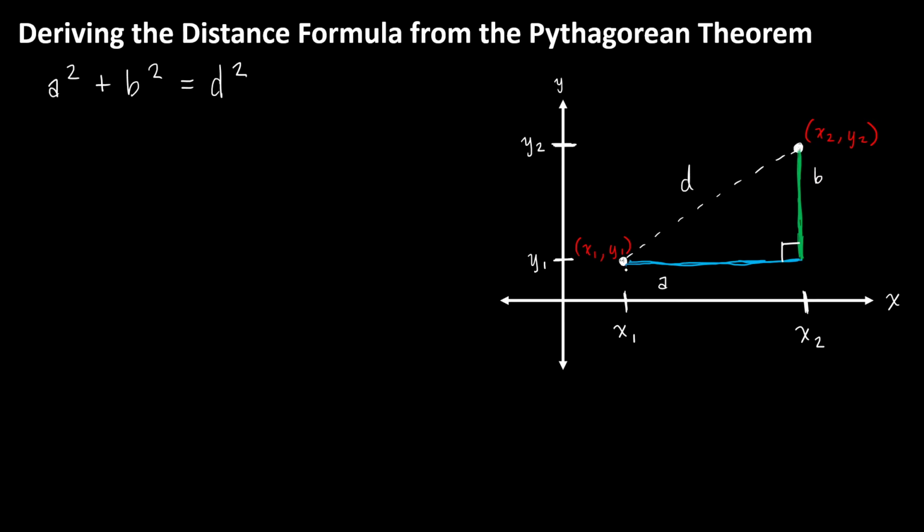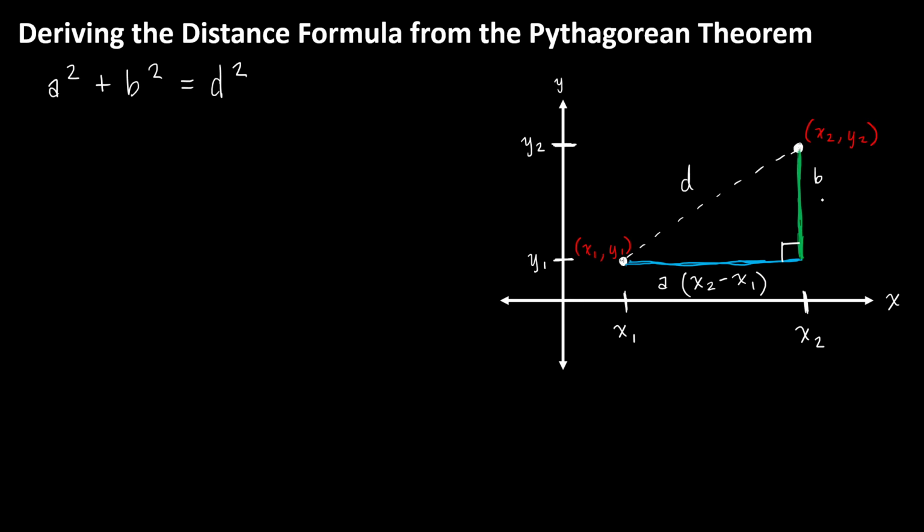We can actually say that we can find the distance horizontally by subtracting the x values. The second point in the top right has an x value of x2. The point in the bottom left has an x value of x1. We can label this as x2 minus x1 units. You take the x values and you subtract them to find the difference.